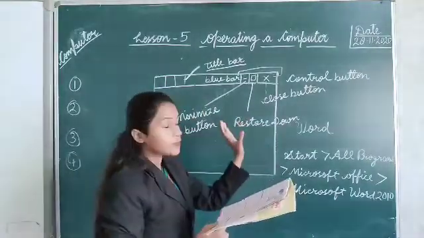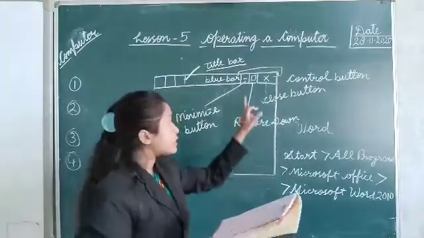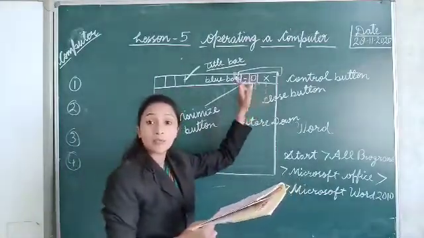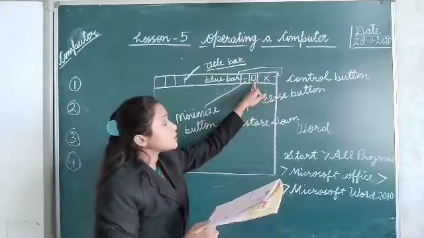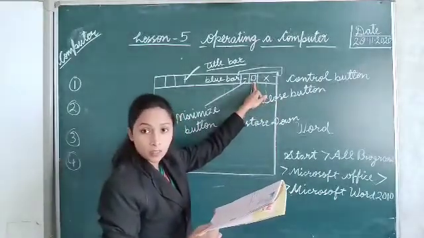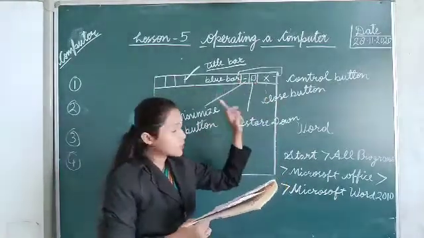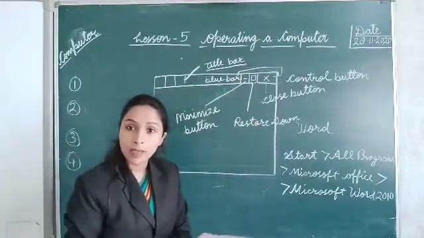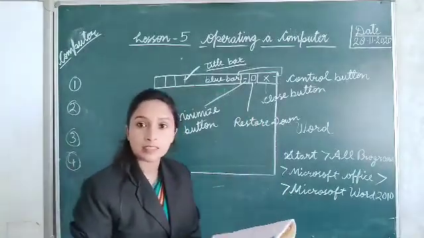Then you will get back its normal size. If you want to make your window smaller, you click on the restore down button, and your Microsoft Word window will become smaller. If you want to get back to normal size, click on the maximize button at the middle of the control buttons. Again, you will get back its normal size.